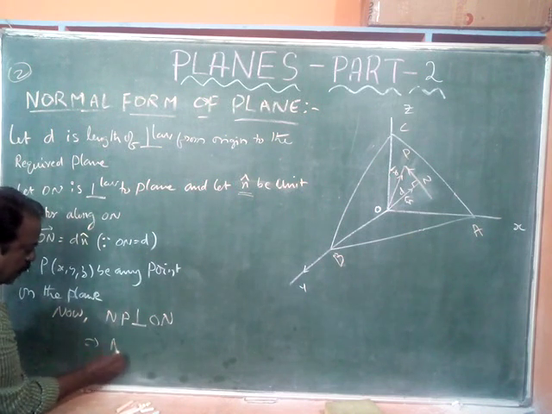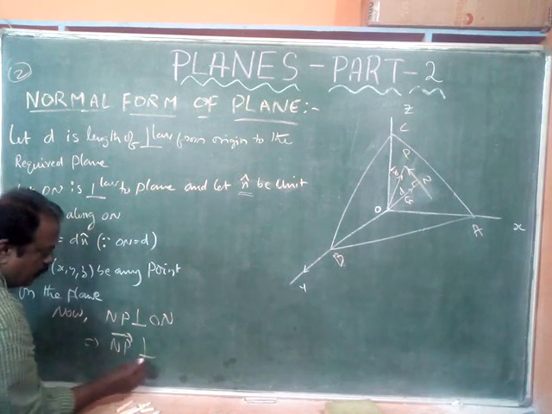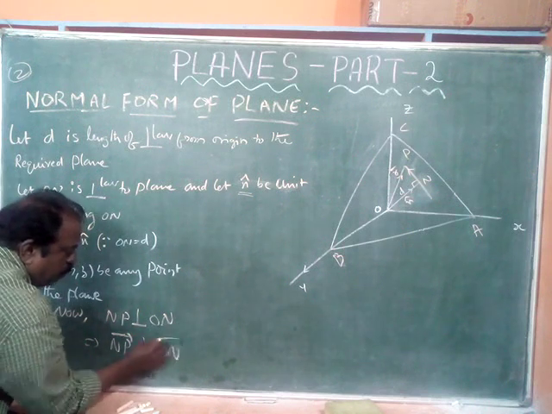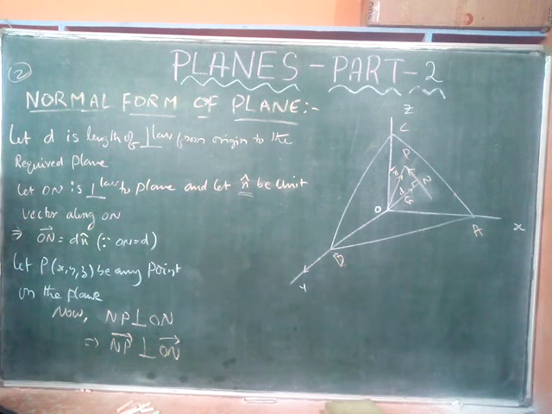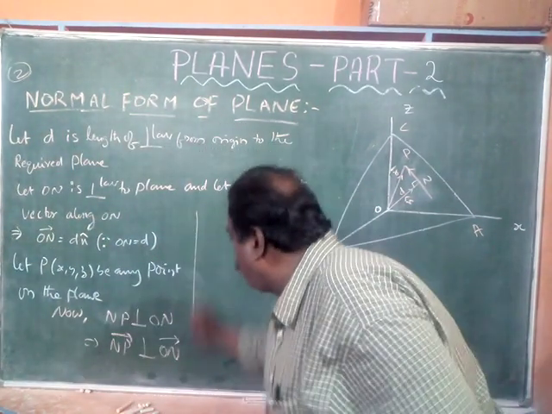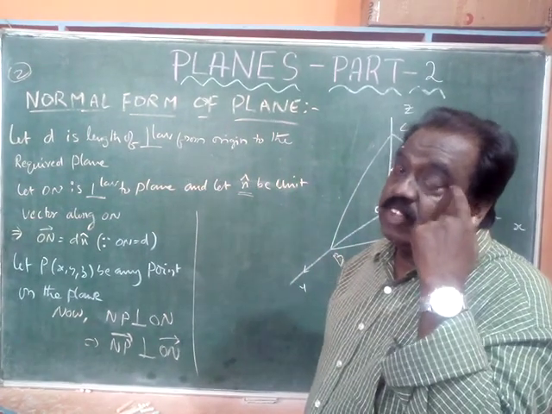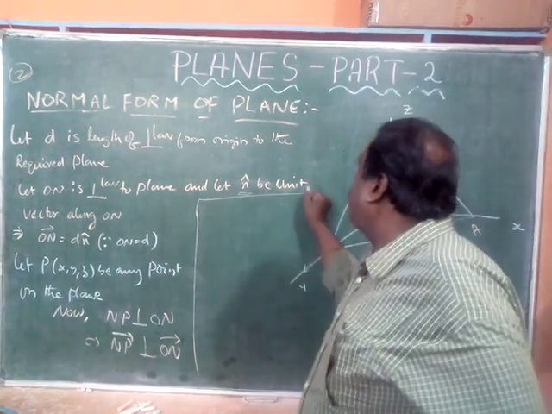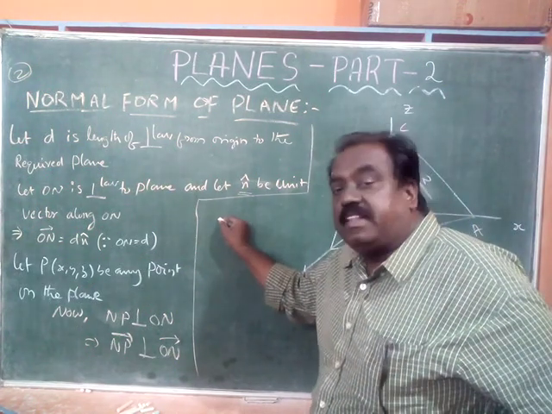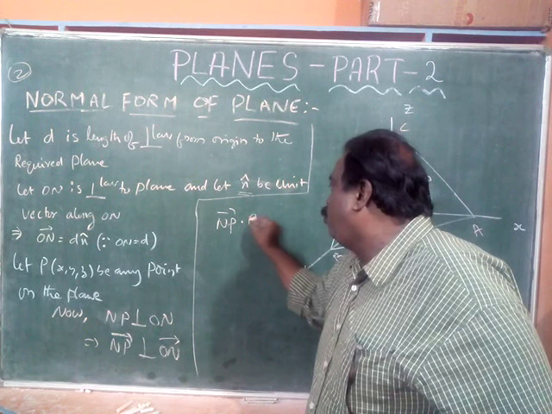That implies, now I want to change this into vectors. NP bar is perpendicular to ON bar. You agree? Now, in the dot product, the scalar product, if two vectors are perpendicular, their dot product is 0.